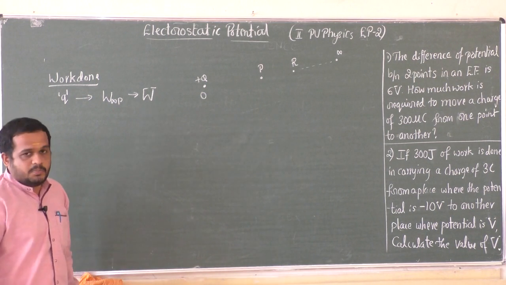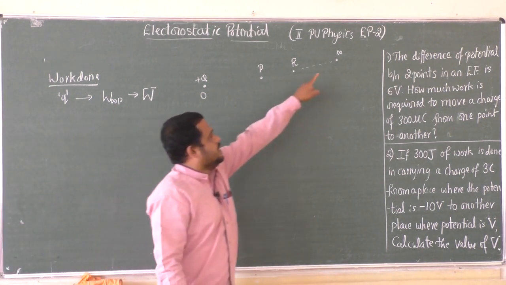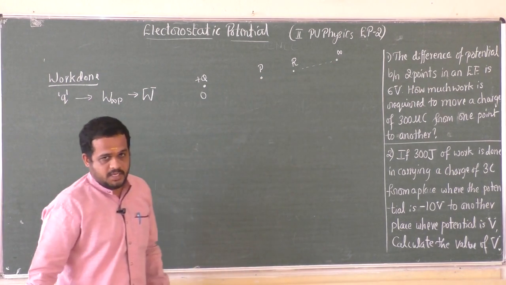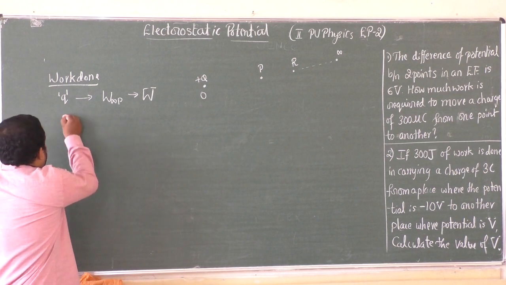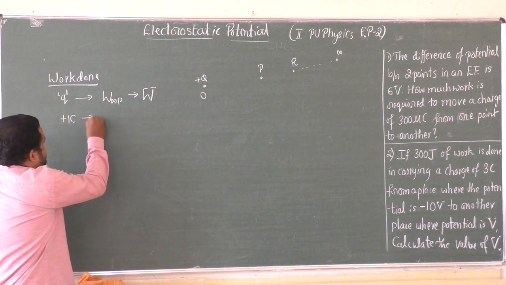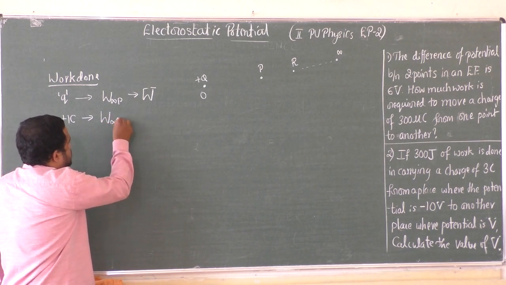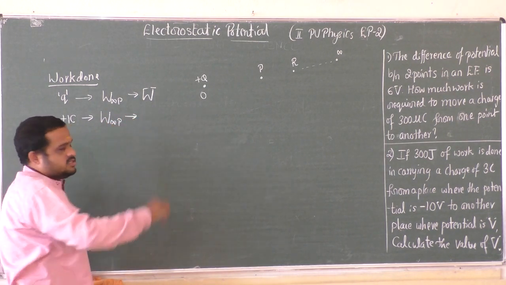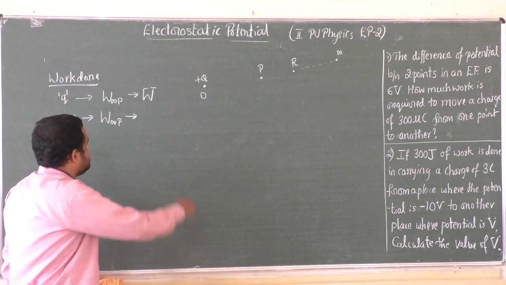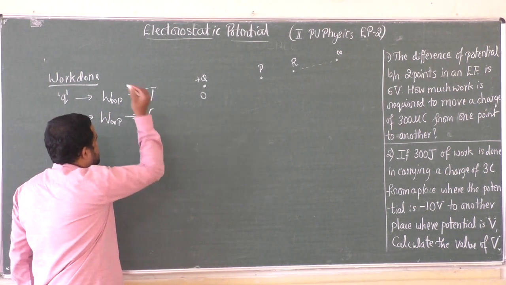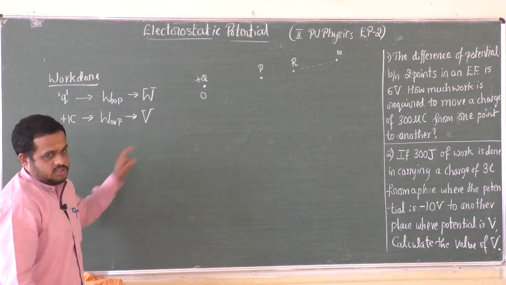Between the same 2 points, if a unit positive charge is displaced from infinity to point P, the work done is stored in the form of potential energy, and we considered that potential energy as electrostatic potential. Now it is equal to V. What is the relation between these two?